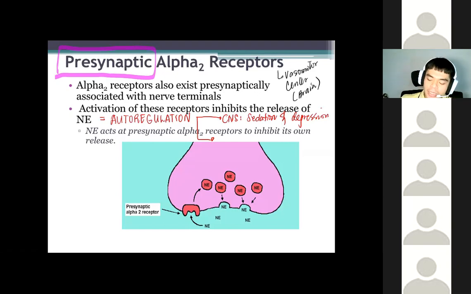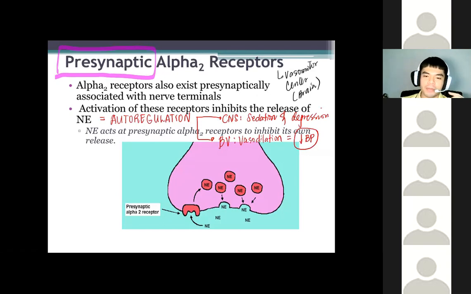And then in the periphery, that is in the blood vessel, the effect of autoregulation is vasodilation, and vasodilation would result to lessening of blood pressure or lowering of blood pressure.